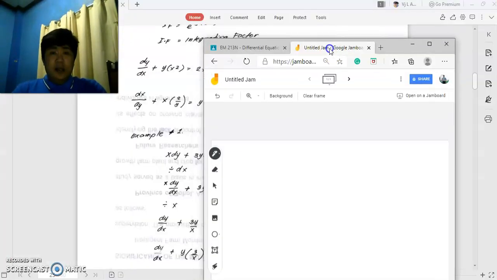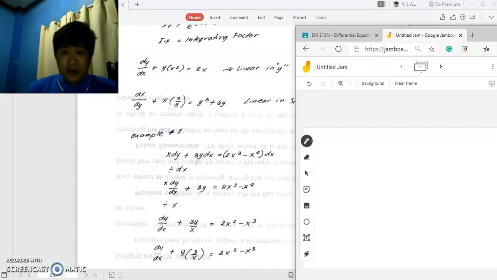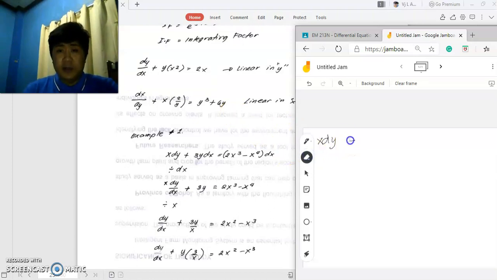Let's write first the given. So you have x dy plus 3y dx equals 2x cubed minus x raised to the power 4 dx.